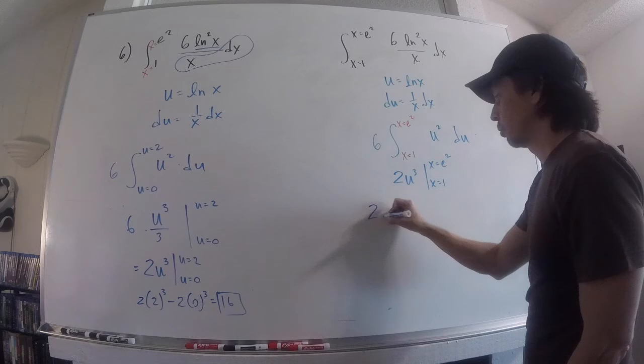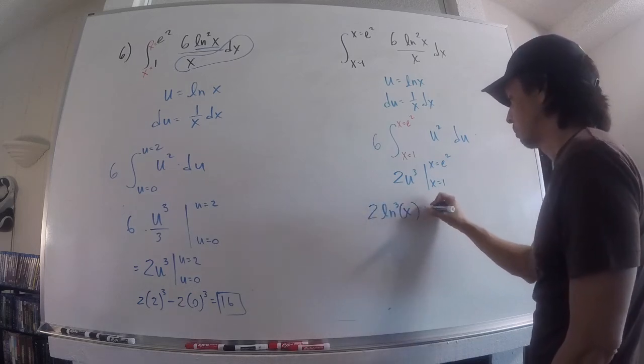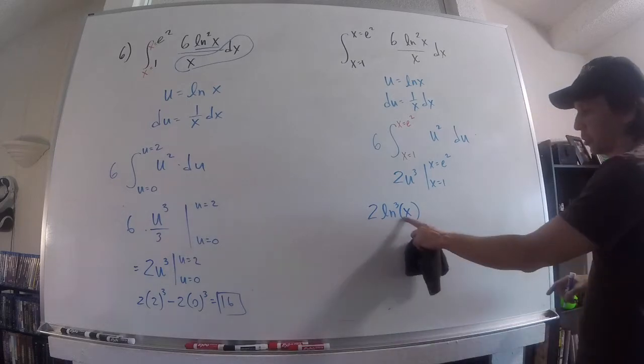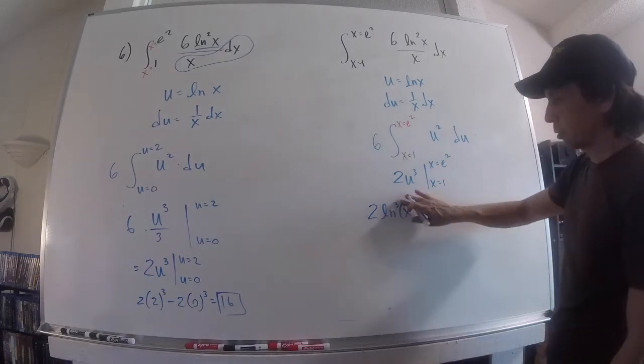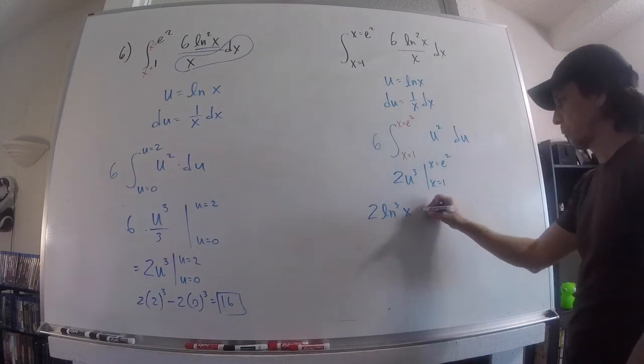Okay, so we're going to 2 ln cubed of x. Sometimes they write the parentheses to emphasize x is your input to logarithms. If they don't put it, you assume it is anyway.